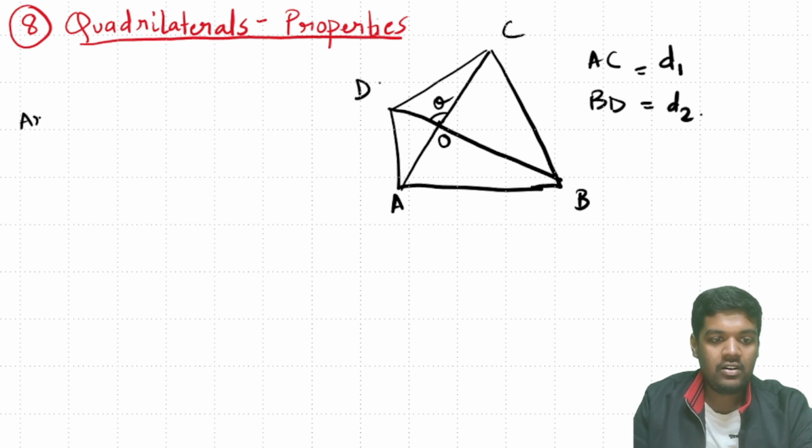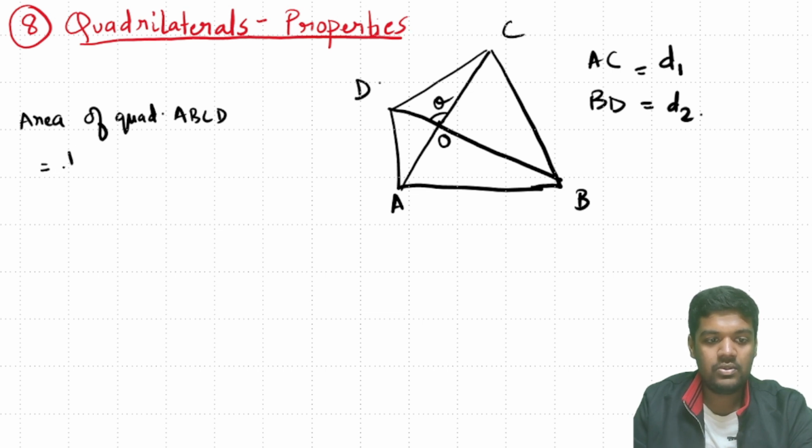So area of quadrilateral ABCD equals half into product of diagonals into sine theta. This is one property. Next, say again in this quadrilateral, from point C I'm drawing a perpendicular on diagonal BD, and again from point A I'm drawing a perpendicular to diagonal BD.